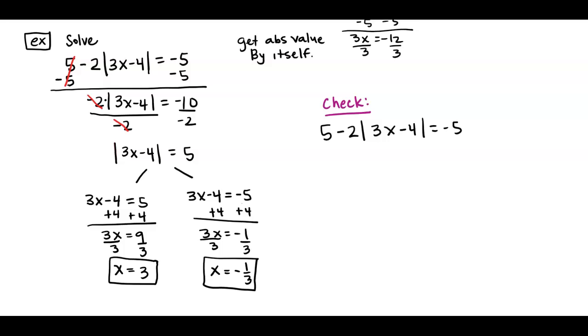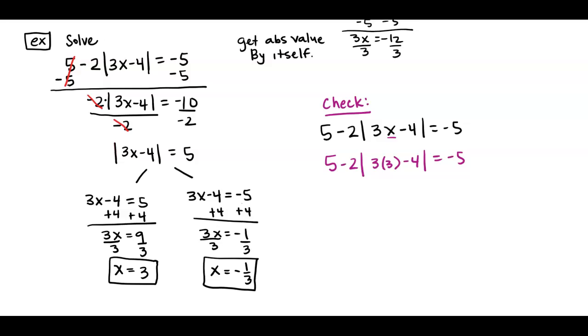I'm going to put 3 in place of where my x is. And if I wanted to check my other one, I'd put negative 1/3 in there. So I'd have 5 minus 2 times the absolute value of 3 times 3 minus 4 equals negative 5. I'm trying to see if, when we're checking, the left side of the equation equals the right side of the equation.